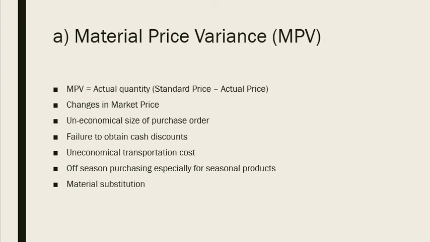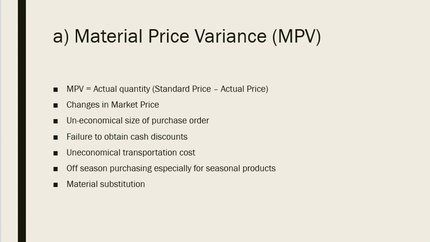Majorly, raw material substitution is done to reduce wastage and to reduce the cost. For example, instead of using electricity, solar energy will be used. This will reduce the cost on electricity charges. This is substitution adopted in order to reduce the wastage in production. So these differences also lead to price variances.